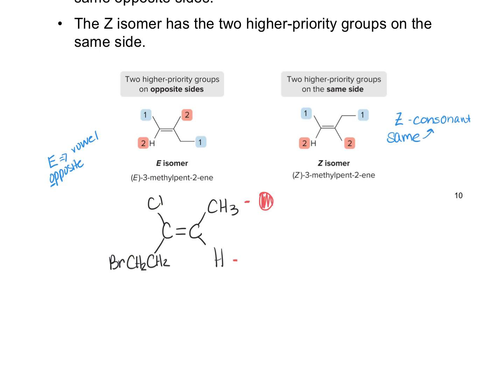And I have one there, but I'm actually going to just say high priority, HP. Okay. Then we come over and now we're comparing chlorine to this carbon. And chlorine has a higher atomic number than carbon, so it's the high priority. These high priorities are on the same side of this double bond. So because they're on the same side, this is the Z isomer. Let's do another example.